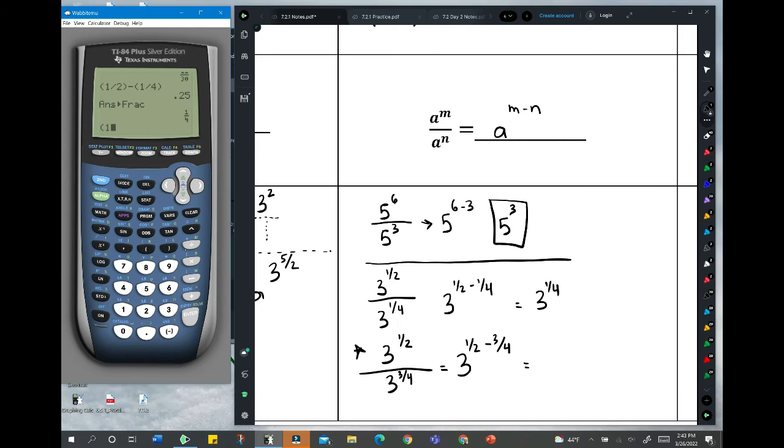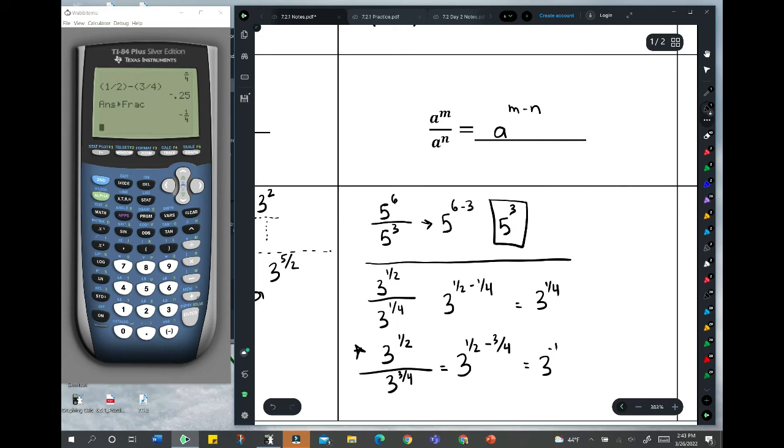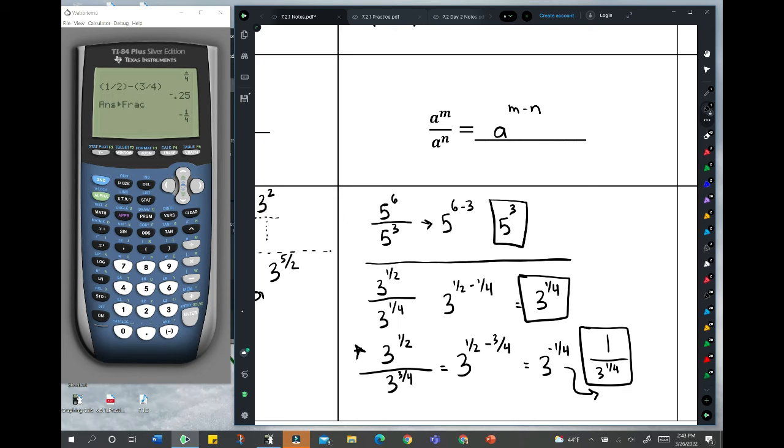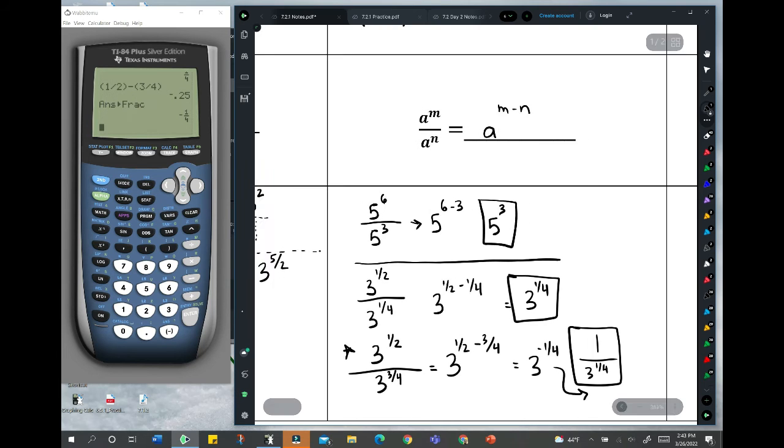What that would become, use your calculator, we see it's going to be a negative 1/4, which is then going to move into the denominator of a fraction. So if you get a negative after subtracting, just kick that downstairs and you're good to go from there. So, subtraction with some fractions there.